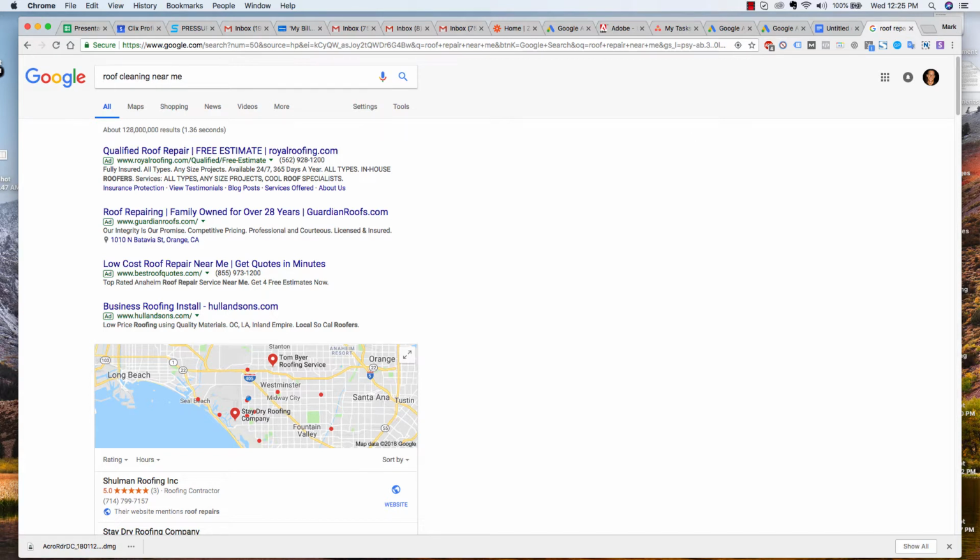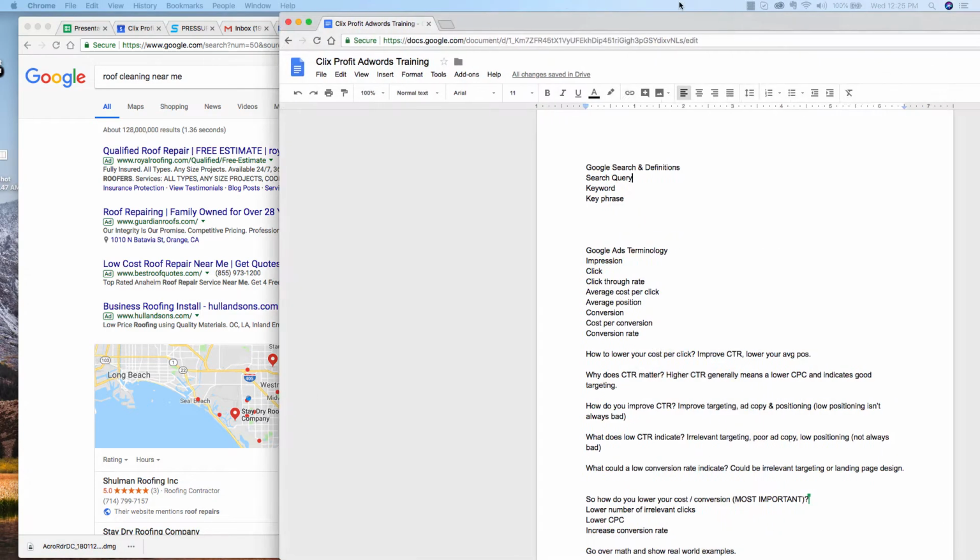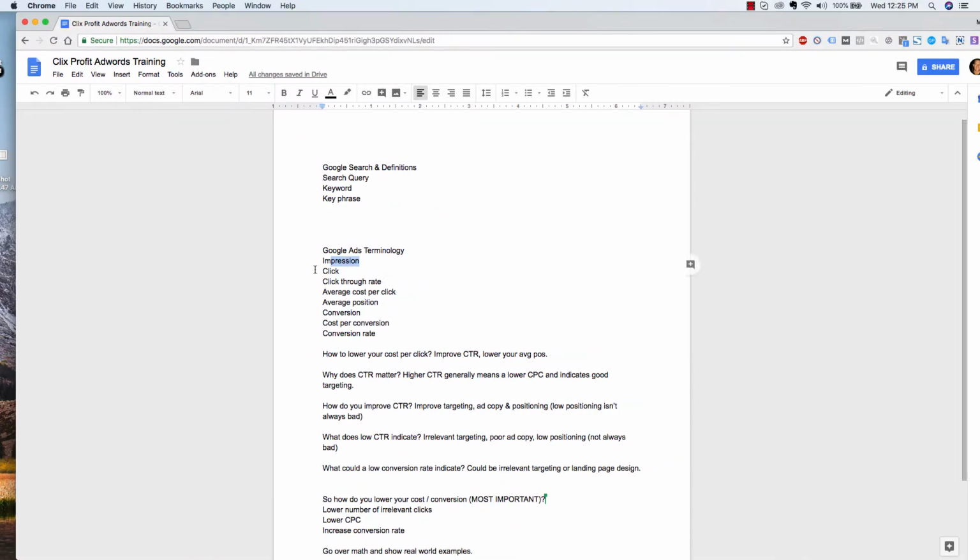So next thing we're going to go over is some actual Google ad terminology. This is actually terminology that you would learn if you're working in the advertising industry in general. And that word is impression right here. So what's an impression?